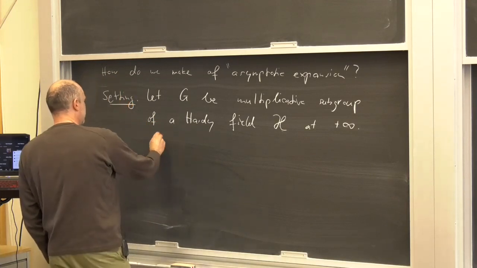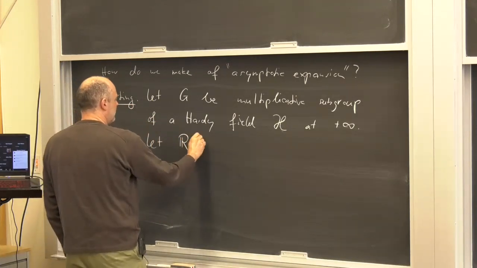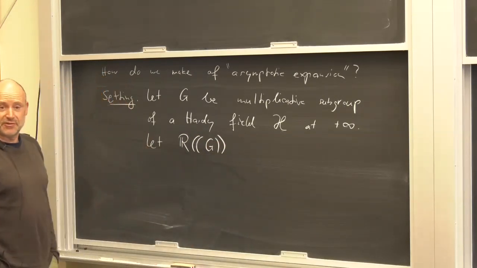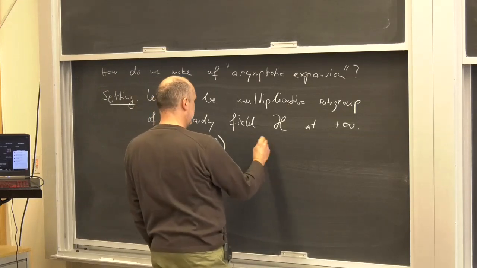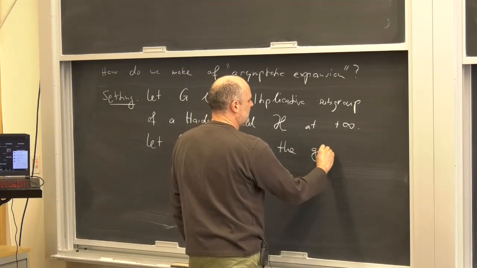And then I write, as usual, R double parentheses G for the transseries ring, or just the generalized series ring.